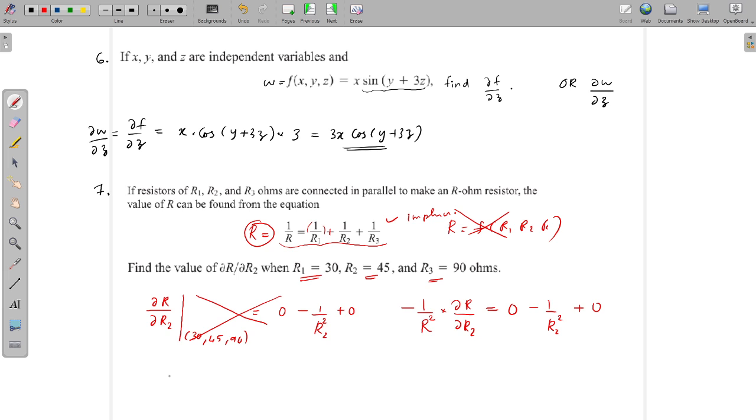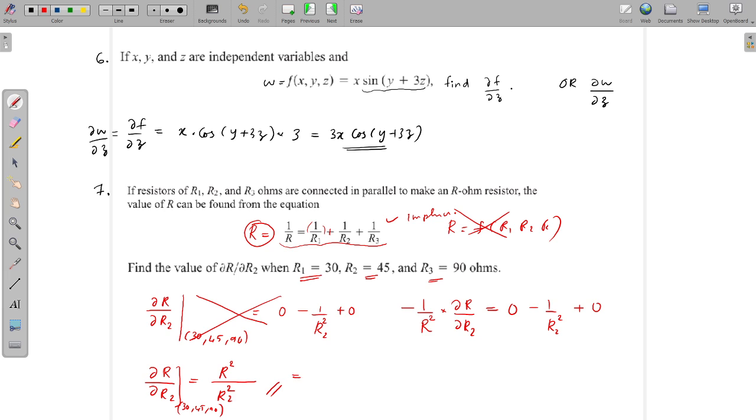So the partial derivative of R with respect to R2 is, by taking this minus 1 by R squared to the right hand side, R squared divided by R2 squared. So this is the partial derivative of R with respect to R2. Now we need to evaluate this quantity at the point 30, 45 and 90.